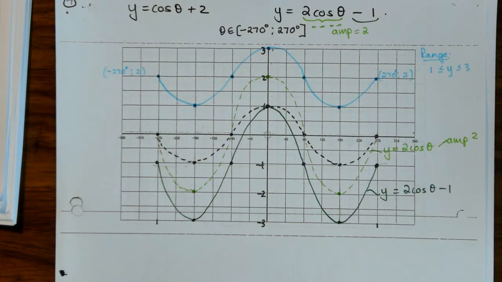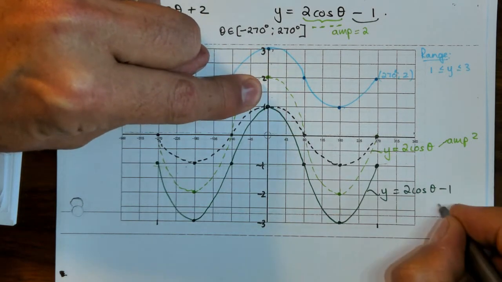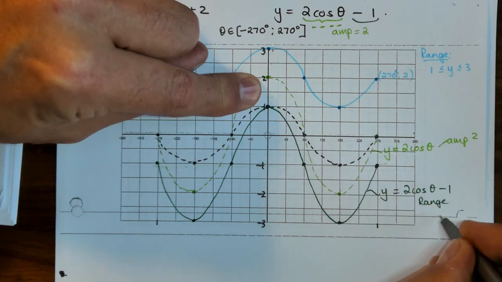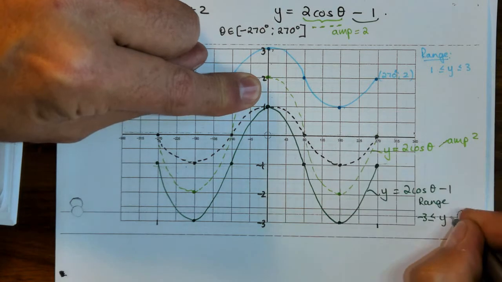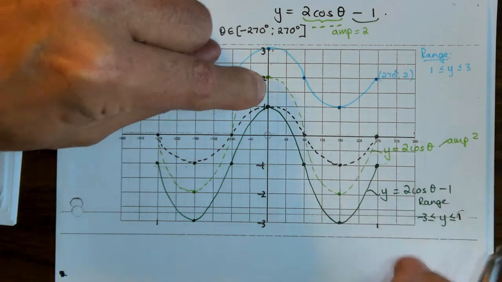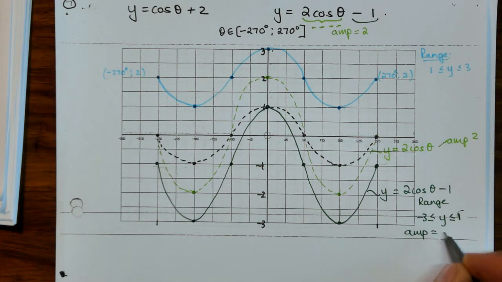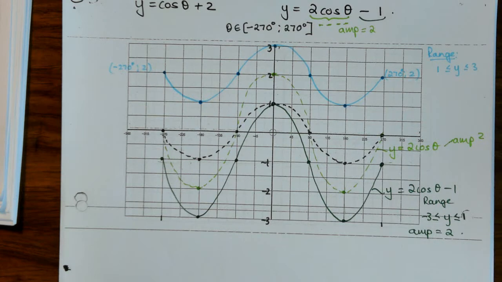The range for the very dark green graph has a maximum of 1 and a minimum of minus 3. So for this curve, the y values will be bigger or equal to minus 3, but definitely less or equal to 1. The amplitude for this curve, as we said before, is 2. The period is still 360.